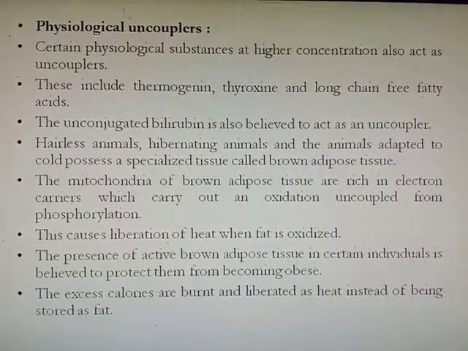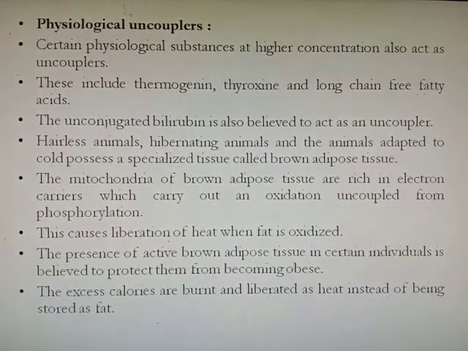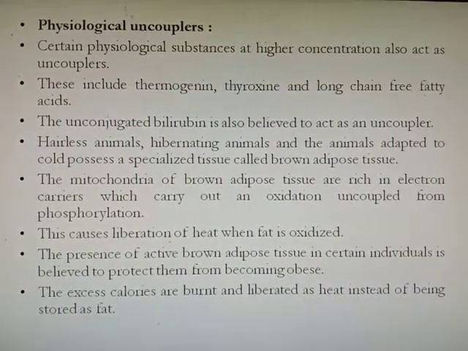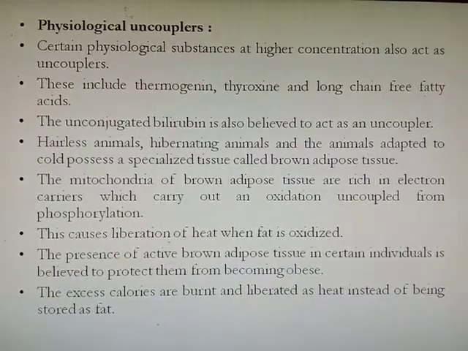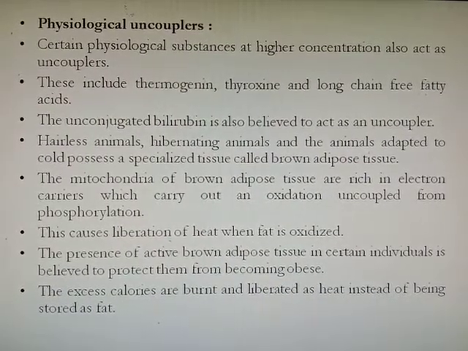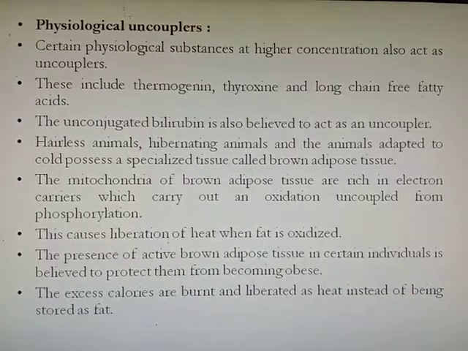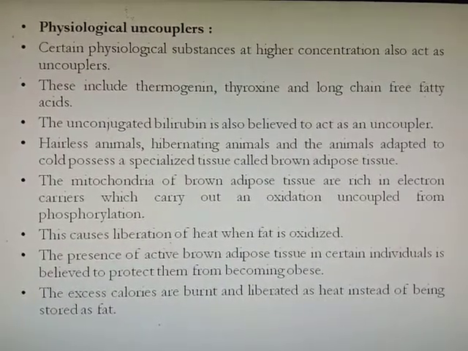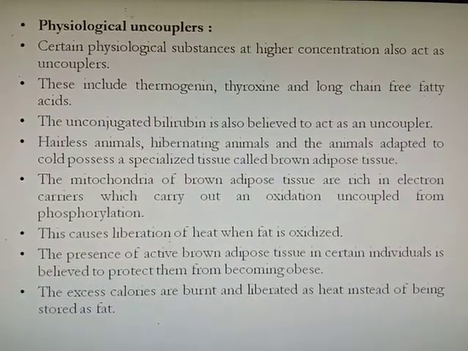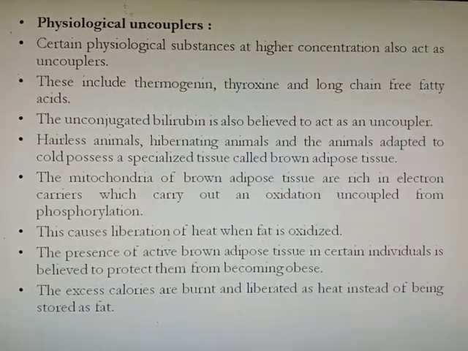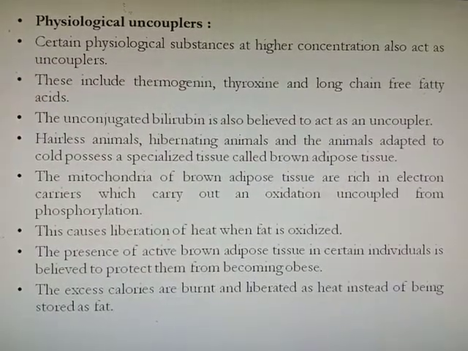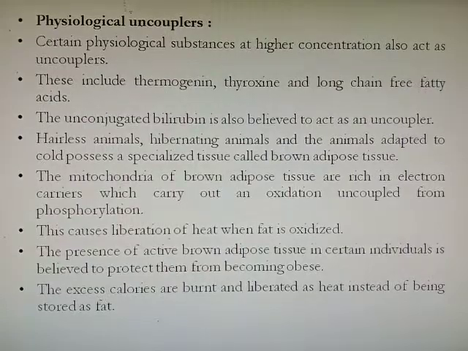The presence of active brown adipose tissue in certain individuals is believed to protect them from becoming obese, because this brown adipose tissue is rich in mitochondria where uncouplers are present, which utilize that energy from NADH and FADH2 and produce heat. They do not produce ATP.